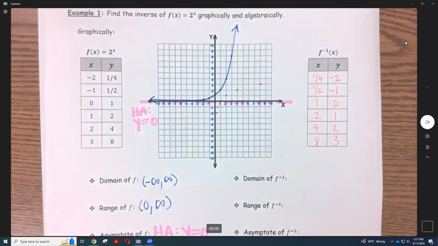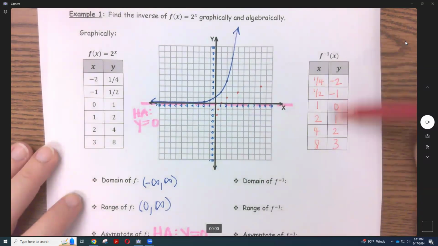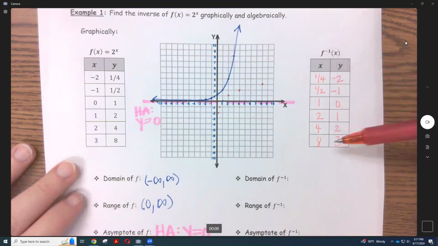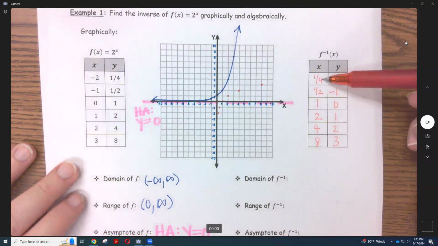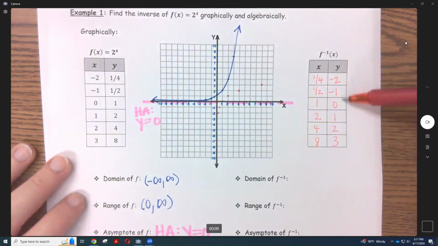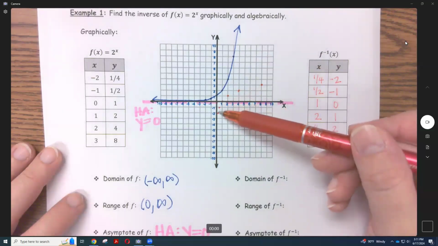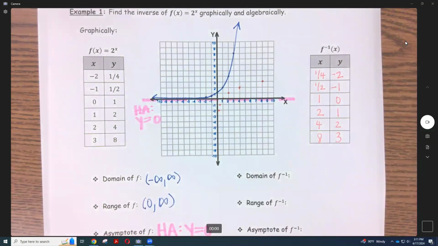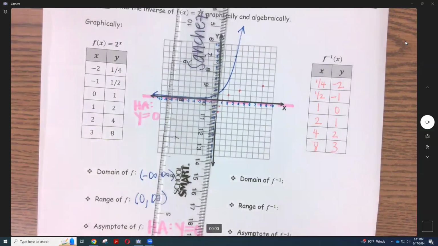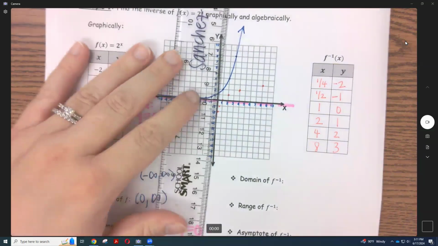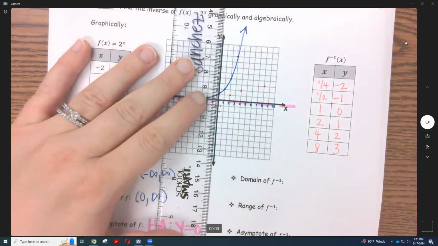Okay, and they behave similarly, right? As these x values are getting smaller, these are going to get smaller as well, and so they're going to get closer and closer. This one has a vertical asymptote at x equals 0.